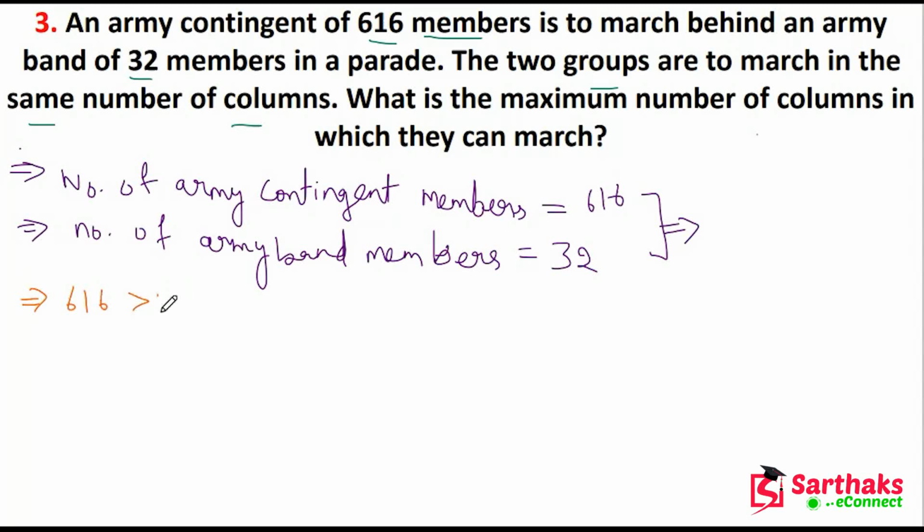Okay, so now here 616 is greater than 32. So by Euclid's division algorithm, we can write 616 equals 32 times 19 plus remainder 8. Here 616 is the dividend, 32 is the divisor, and if we divide, we get quotient 19 plus remainder 8. Now our remainder is not equal to 0.